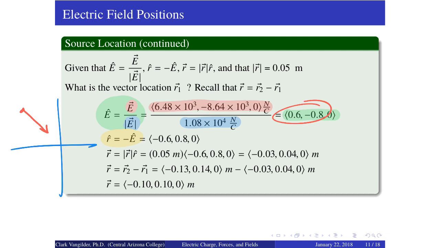So we get to make this statement, that the direction of the electric field is the negative of the direction of the position vector. So remember, position vector is, if I have some point of origin and some final destination, what's the line directed between those two spots? That's all we're doing here.